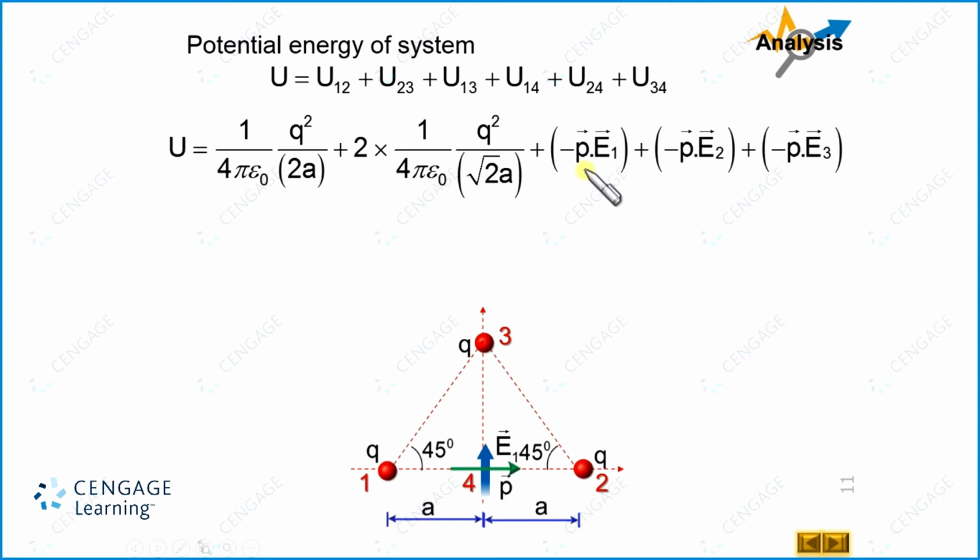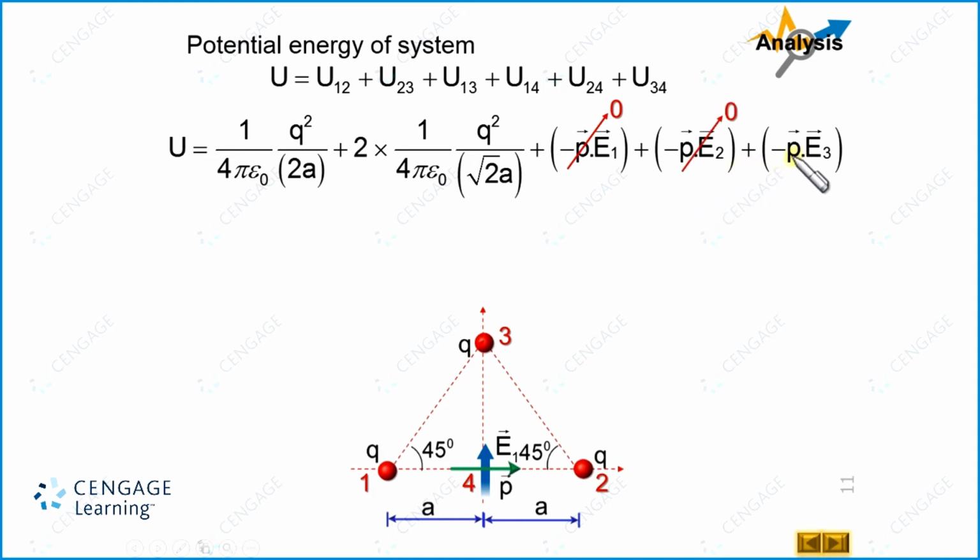That means this dot product should be 0. Similarly, we can say the potential energy associated with this pair 2 and 4 will be 0, because the electric field because of 2 will be in the leftward direction. Again, the angle between the dipole moment and the electric field vector will be 90 degrees. That means this dot product should also be 0.